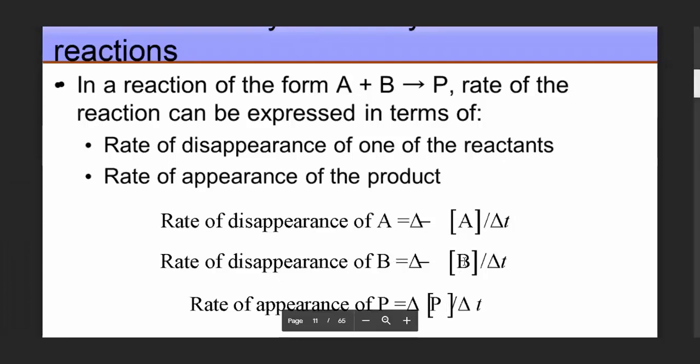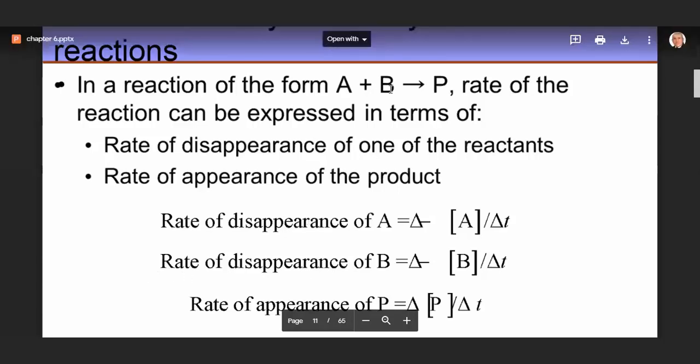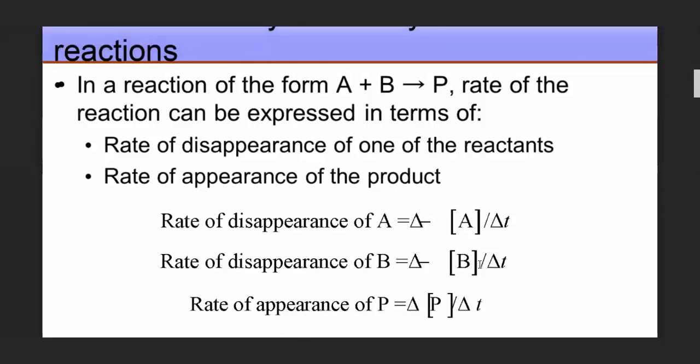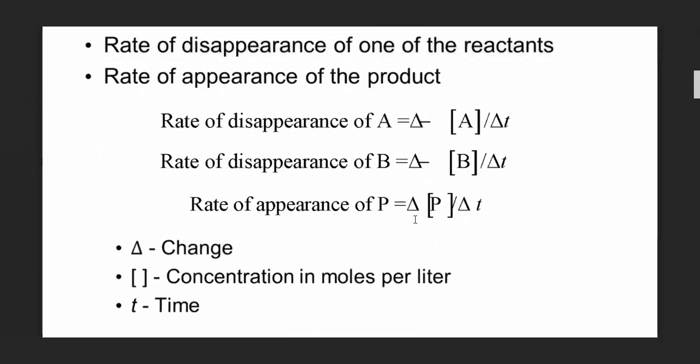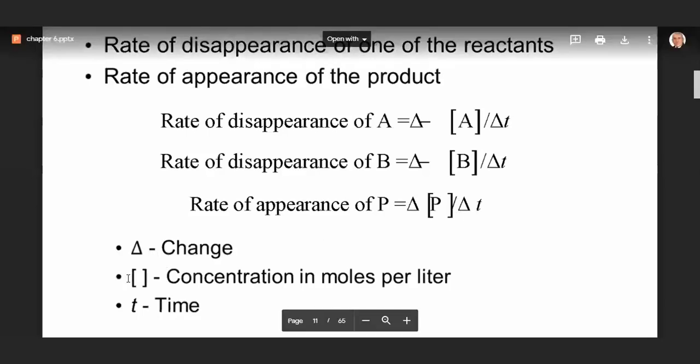So here the negative should be before the change in concentration of A divided by change in time. Or the rate of disappearance of B, because B is also a reactant, minus delta B divided by delta T, or the rate of appearance of P, the product, delta P divided by delta T. Delta means change, the brackets mean concentration in moles per liter, and T is the time.